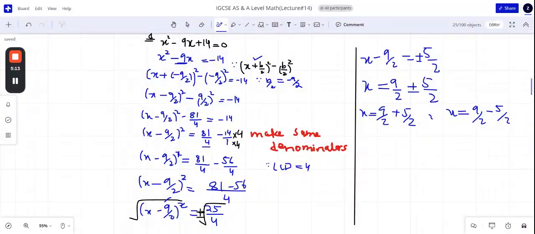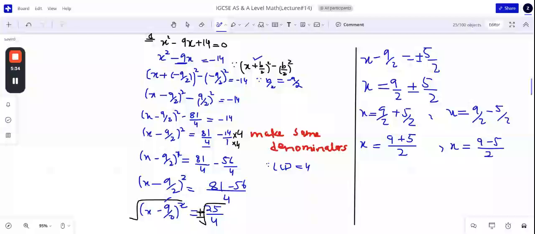Now here we have the two fractions but with same denominators. So just we will take the LCM. LCM is 2, and if denominators are same, you will write ones, and the numerators you need to write together. At the second one, we will do the same. Now denominators are same, write ones, and the numerators come here. So now x is equals to 9 plus 5 is 14 over 2.